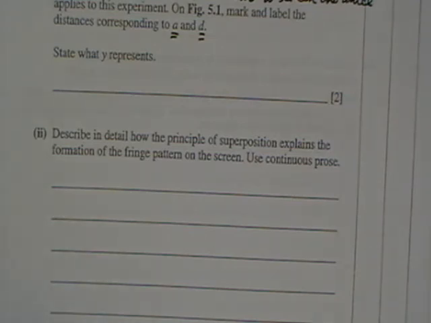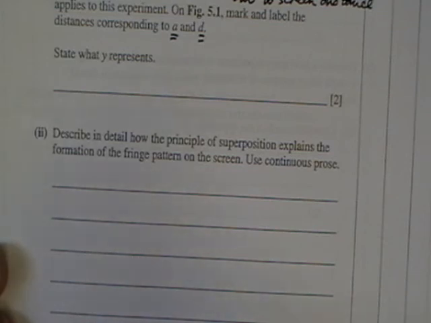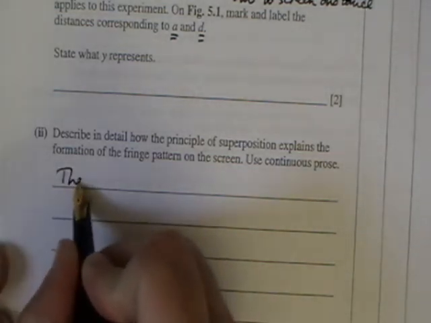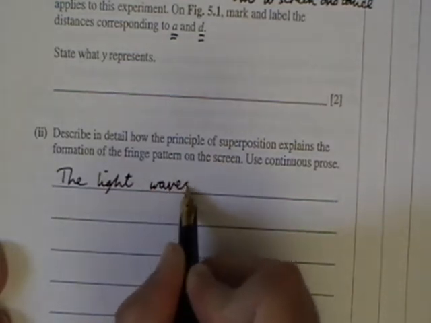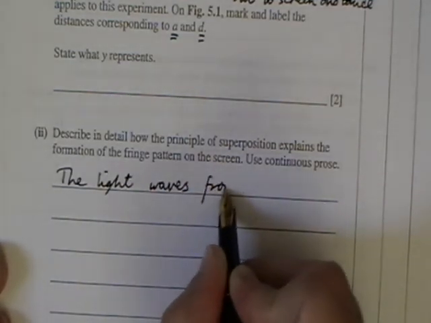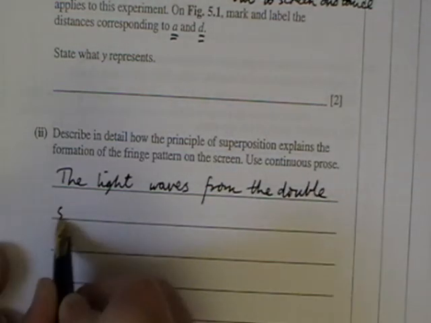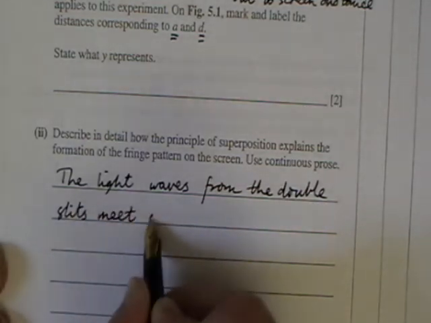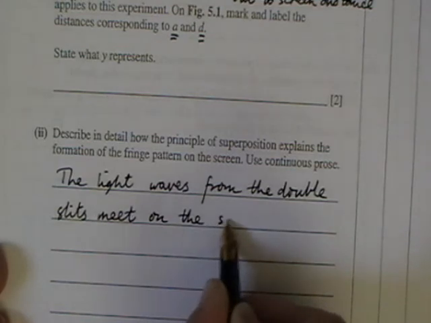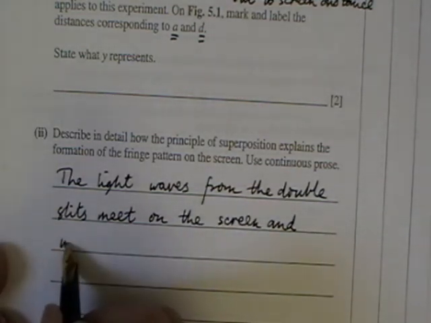So we're looking here then to see how we can explain this bright dark set of fringes produced. So what happens is that the light waves coming from the slits meet on the screen and superpose or interfere.